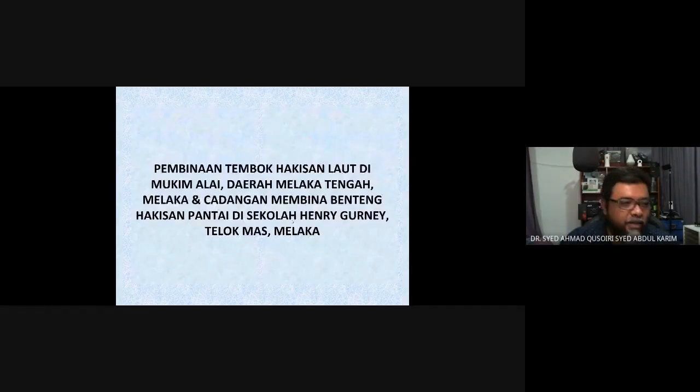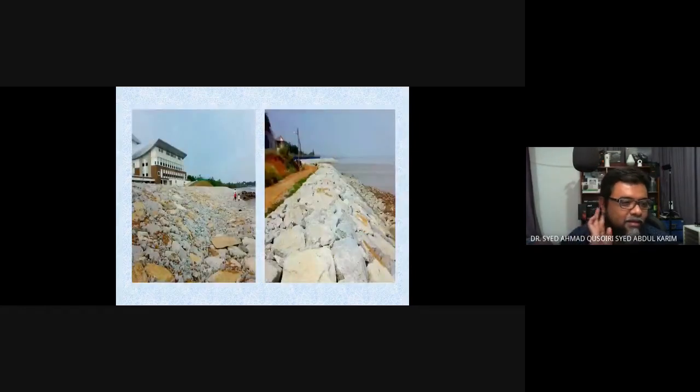Panggil tembok hakisan. Kan? Tapi dari segi teknikal ni, apa sebenarnya? So, that's why kita belajar konsep. Kan? Okay. So, this is just a revetment. Yang ini ialah lapisan batu di bahagian dalam, dia punya core. Yang besar-besar ni, kemudian itulah dia letak dia punya armor.